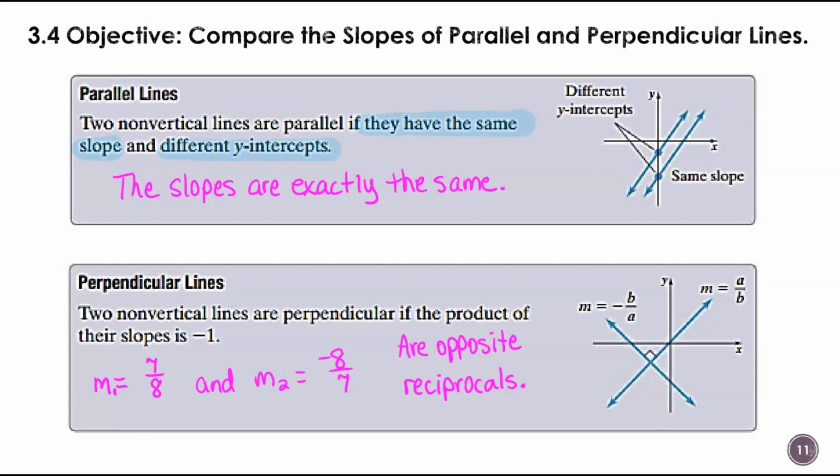And opposite means that they have opposite signs, so they're not the same sign. If you think about this in a logical way, if they're going to go in two separate directions and meet to form perpendicular lines, then they have to have slopes that are different signs. Okay, opposite, remember that's the signs, reciprocals.